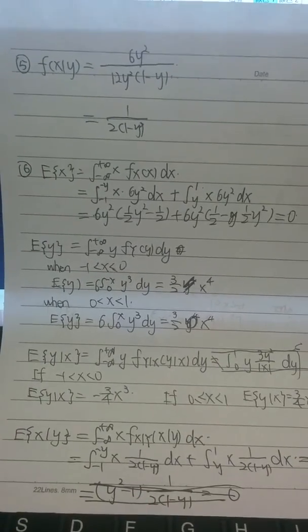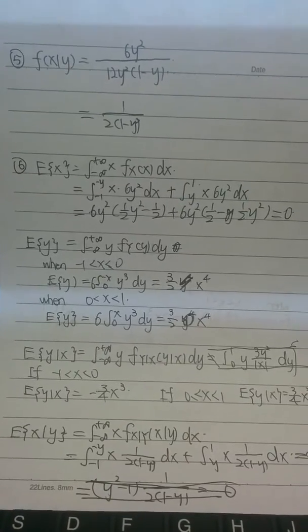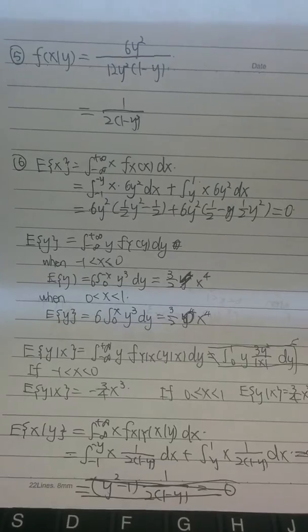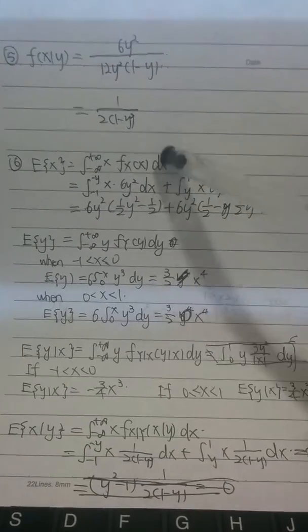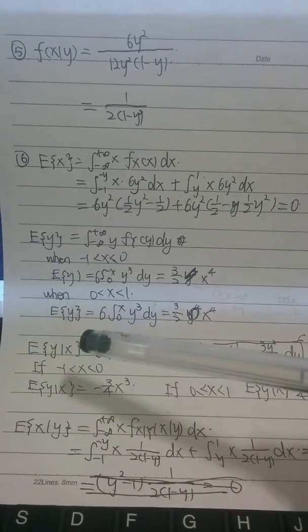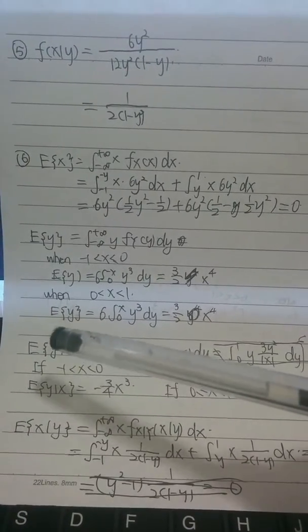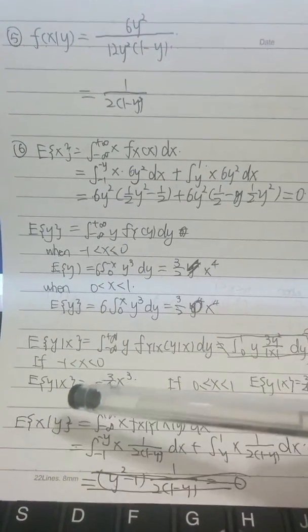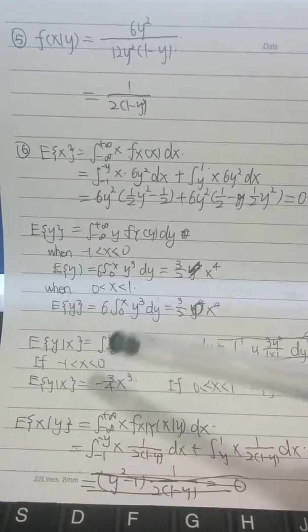In the sixth question, I need to calculate the average value of x and y, the conditional average of y when x is given, and the conditional average of x when y is given.